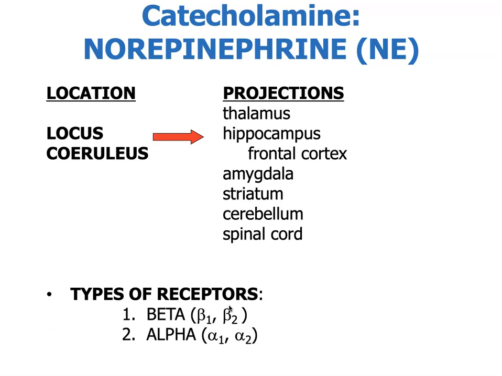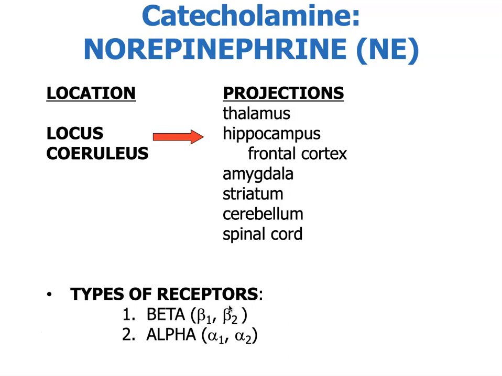Beta blockers are utilized for people that have glaucoma or migraines or cardiovascular problems because of the presence of norepinephrine in these particular regions, and because the outcome of the use of norepinephrine is increasing, for example, heart rate and blood pressure.